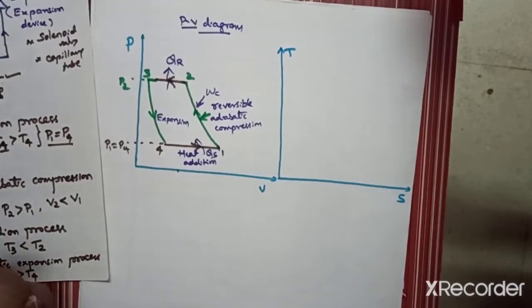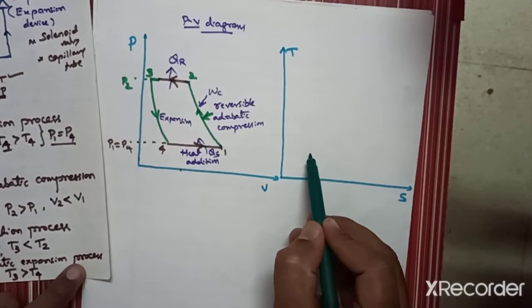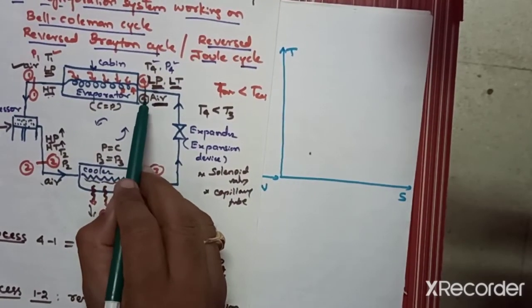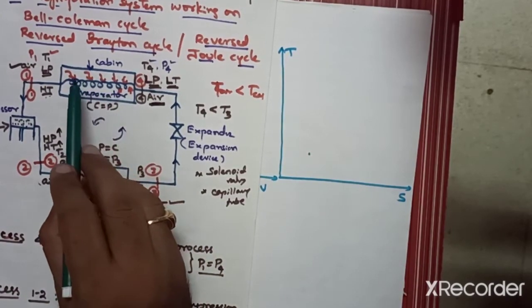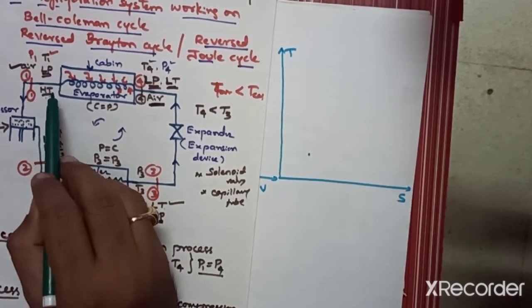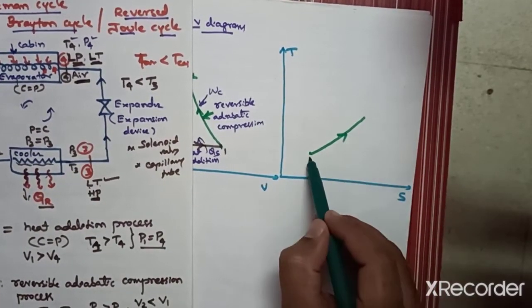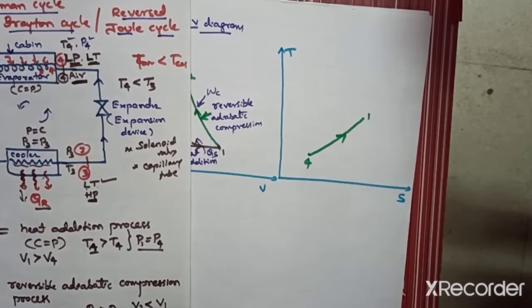So I need to increase the temperature from 4 to 1. This is point number 4, the starting point. This air is entering the evaporator, increasing the temperature at outlet. So 4 to 1 is increasing.